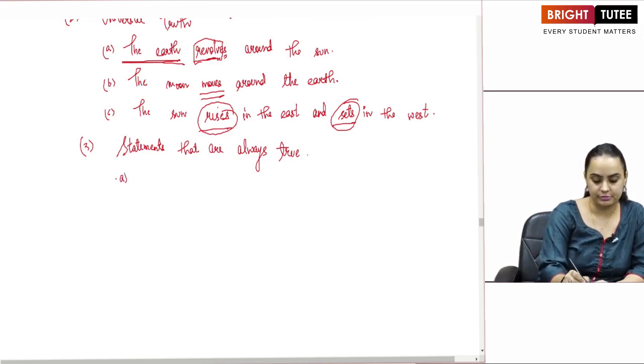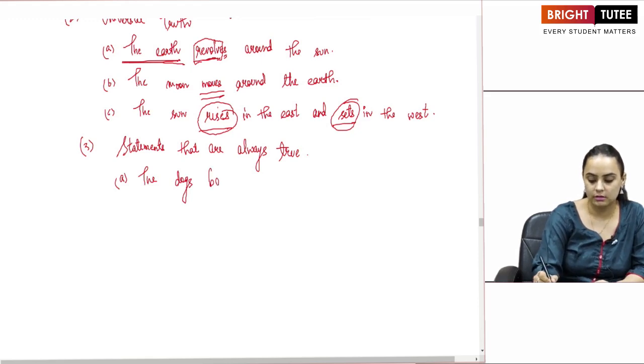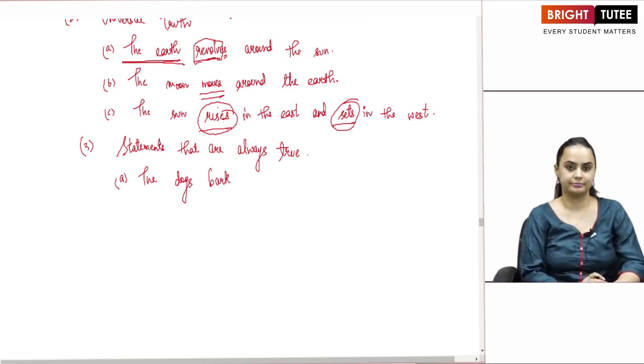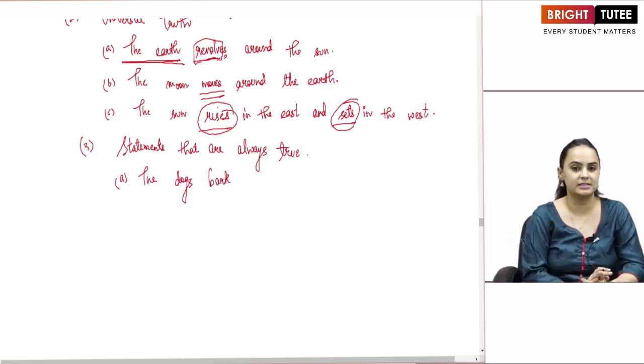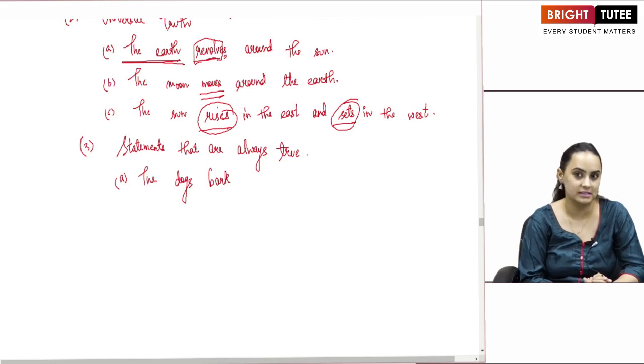For example, the dog barks. We all know that a dog is always going to bark. It is never going to make any other sound.